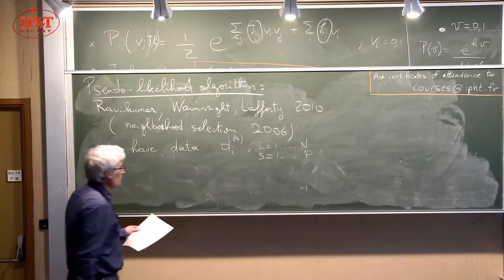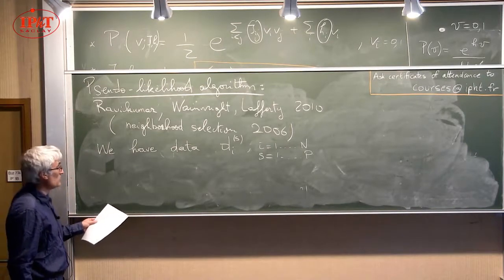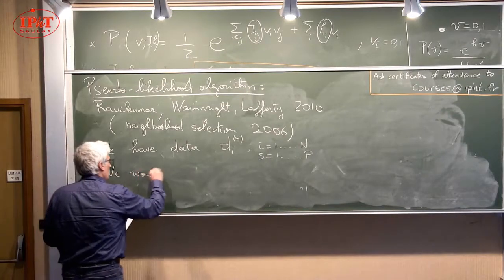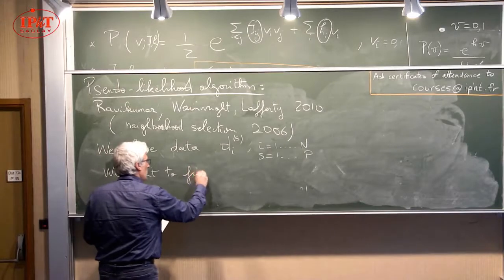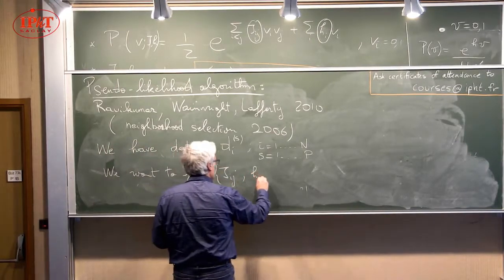Basically what I would like to find are the J_ij and the h_i.